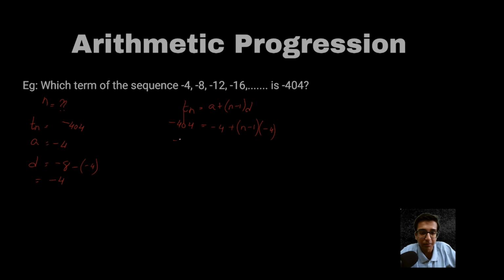So this would become minus 404 equal to minus 4 plus (n minus 1)(minus 4), that is minus 4n plus 4 minus 4, so minus 4n is equal to minus 404. n is equal to 101. That means we found the value of n. That means minus 404 is the 101st term of the sequence.